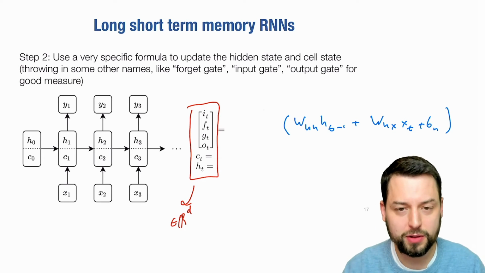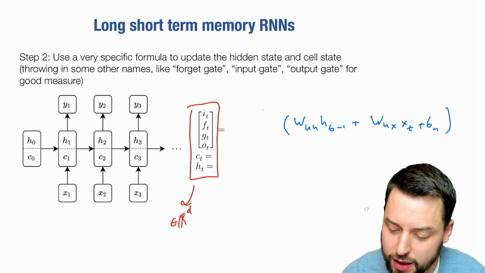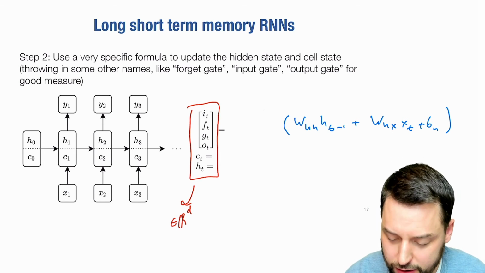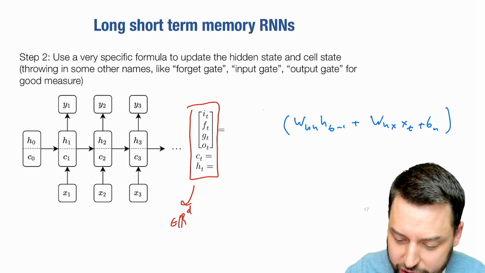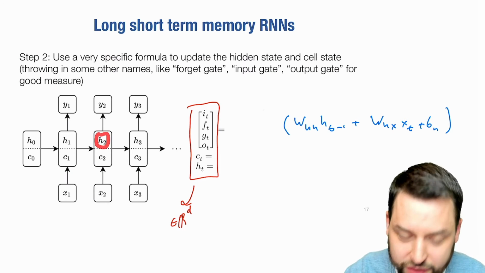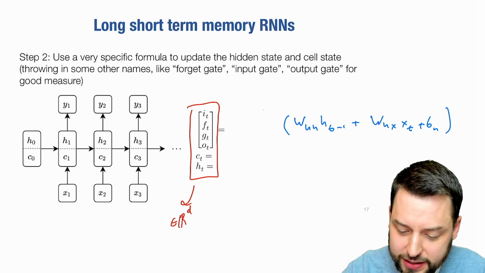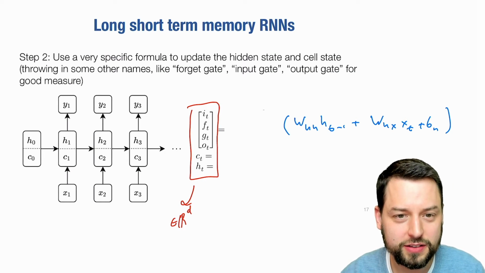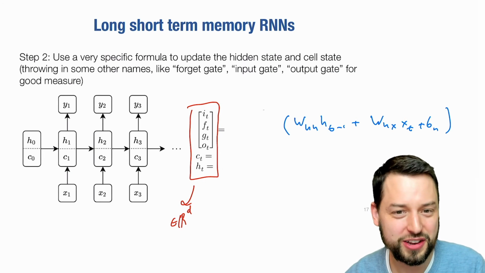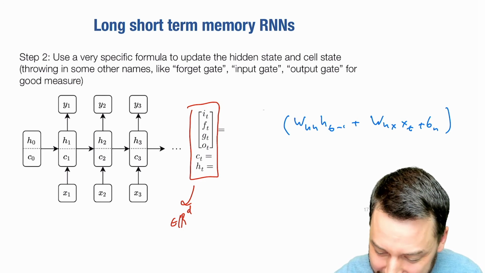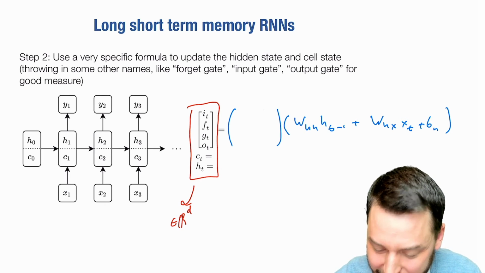So that actually looks very similar to our previous update, right? The only difference is that we're not using the whole hidden state here. We're only using this portion of the hidden state to form this. And then we're going to apply different nonlinearities to this to form each of the different updates.